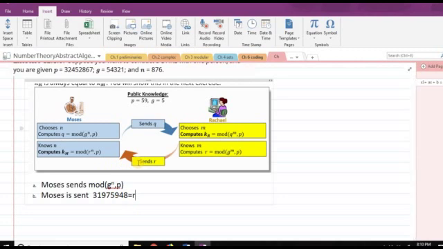Moses doesn't need to know M. That's the whole point. And just use that same spreadsheet to do that calculation.